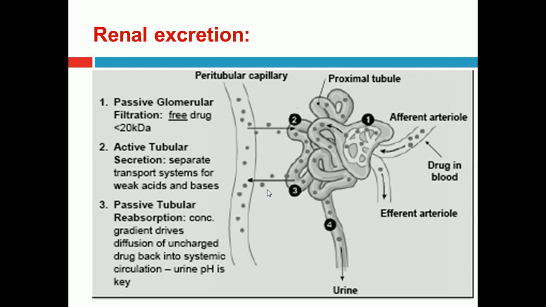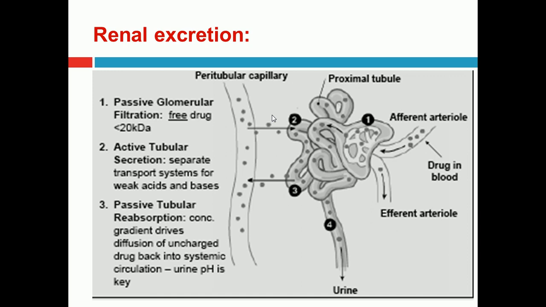So we discussed acidic drugs tend to absorb in the best way in acidic medium because they do not get ionized, they remain unionized, while basic drugs best absorb in basic medium because they remain unionized.